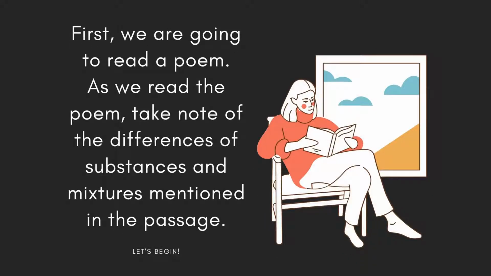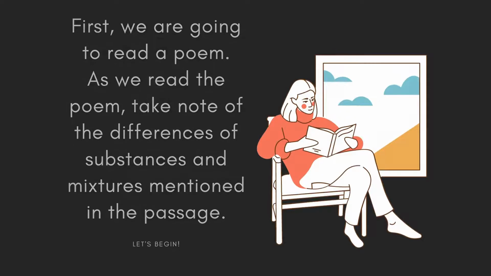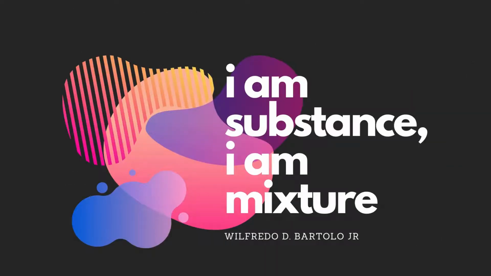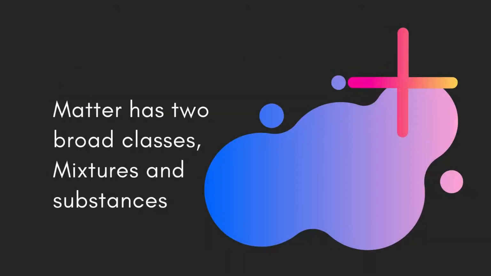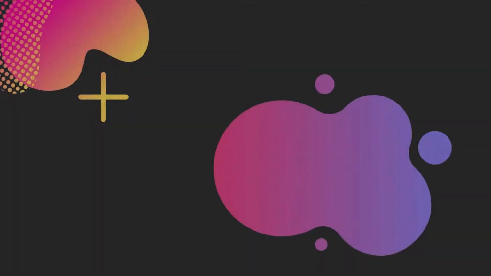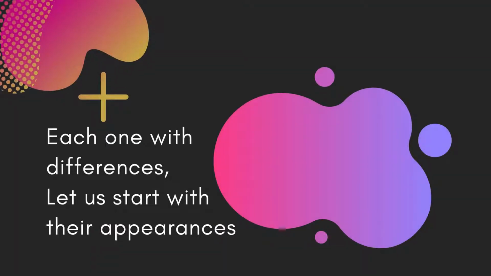First, we are going to read a poem. As we read the poem, take note of the differences of substances and mixture mentioned in the passage. Let's start. "I Am Substance, I Am Mixture" by Wilfredo D. Bartolo Jr. Matter has 2 broad classes: mixtures and substances, each one with differences.